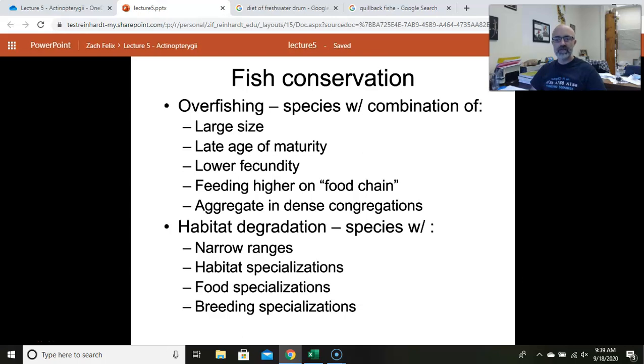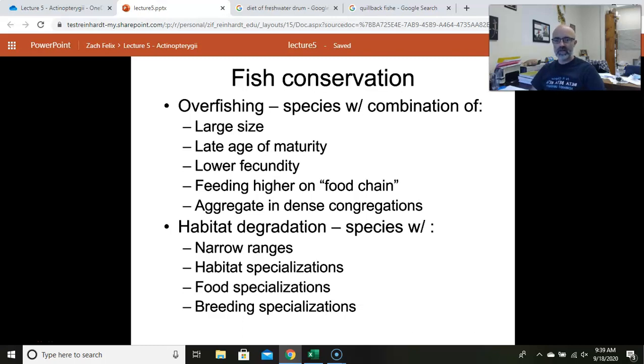If the fish is big enough, then they will become a target for food. If the fish is a schooling fish, or they aggregate in dense congregations, they're going to become a target because of just economics. If you can pull a trawl net through a given area and pull in 10 fish versus 1, that's going to become a target.